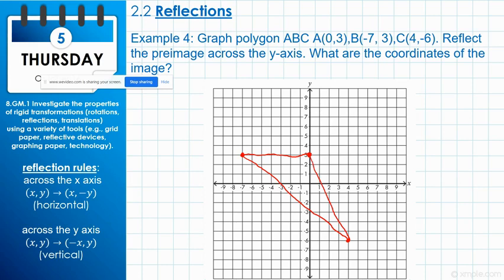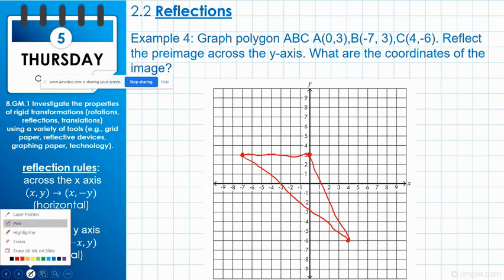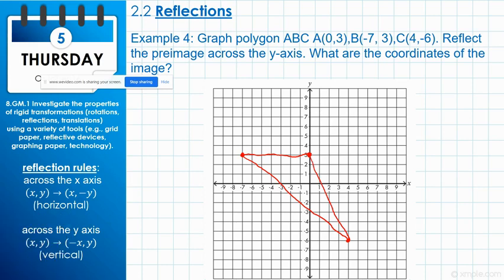So I'm going to change the color and highlight the line of reflection. It says we're reflecting the pre-image across the y-axis. So that means images that are on this side of the graph are going to move here, and images that are on this side are going to move over here.